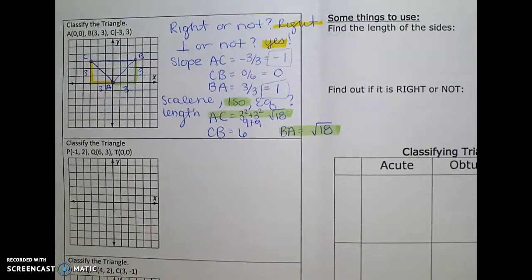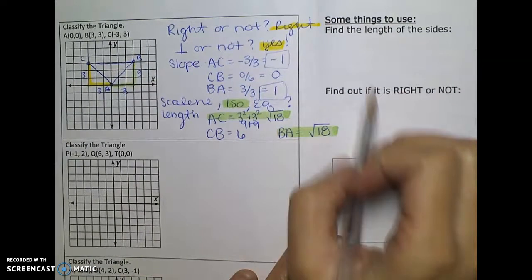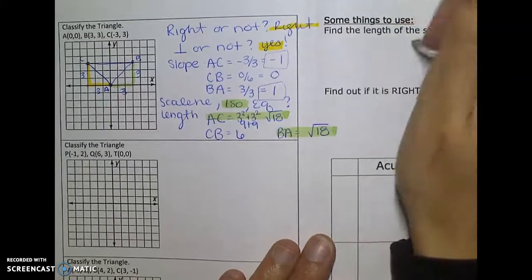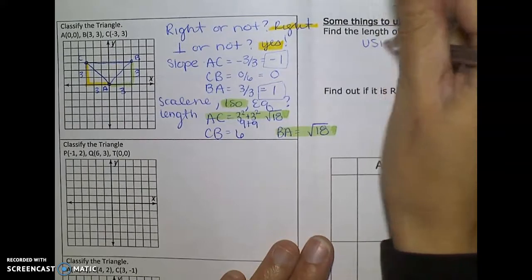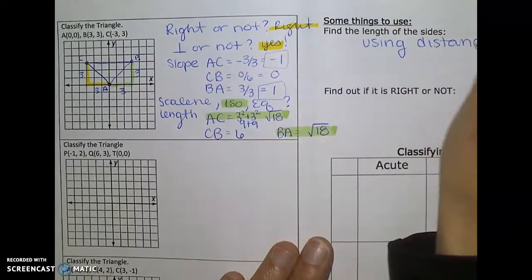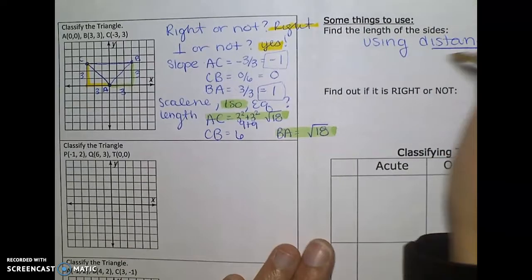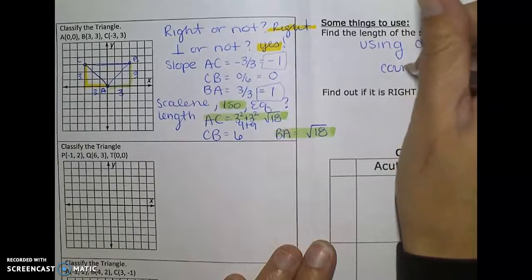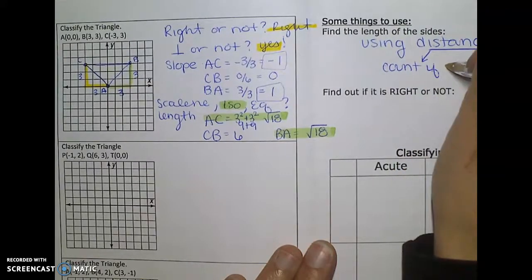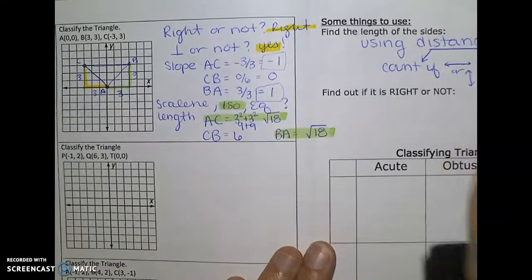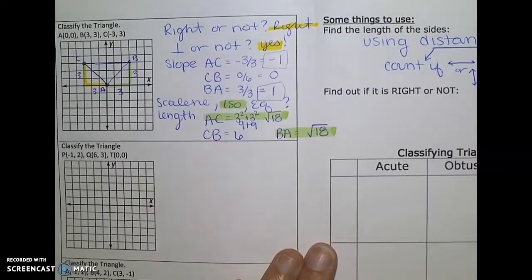So I might just leave it there, but I do want to make some notes right here, and then I probably want to try to with you tomorrow. So we're going to find the length of sides by using distance, which, depending, I might be able to just count if I'm horizontal or vertical. I can just count how long they are.